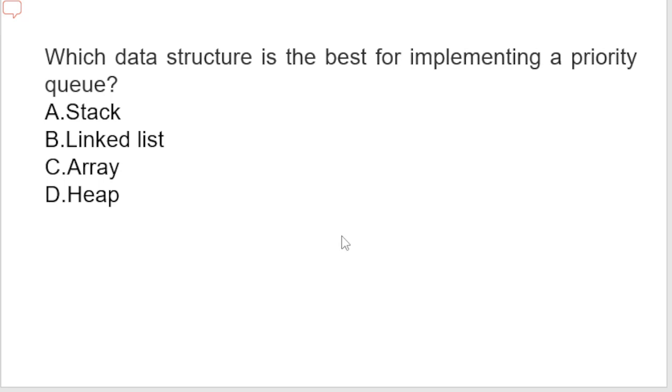Next question. Which data structure is the best for implementing a priority queue? Options are stack, linked list, array, heap. So it is asking best.